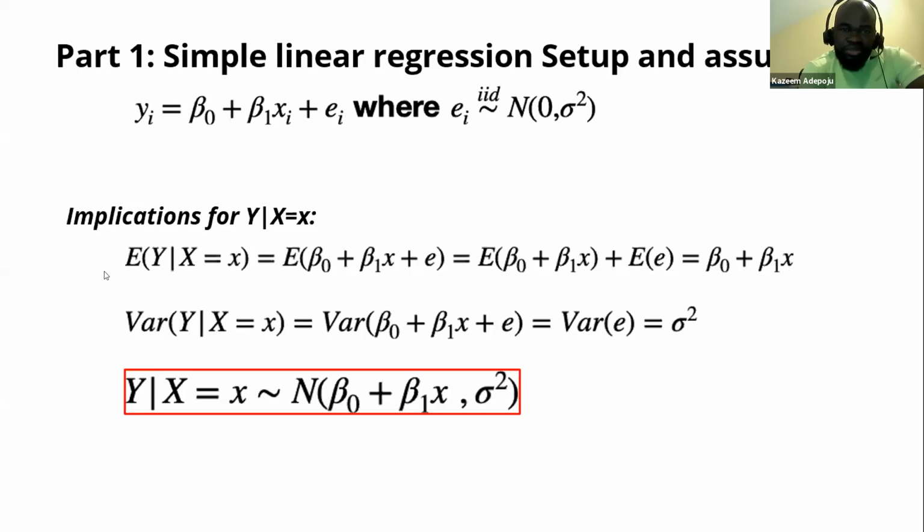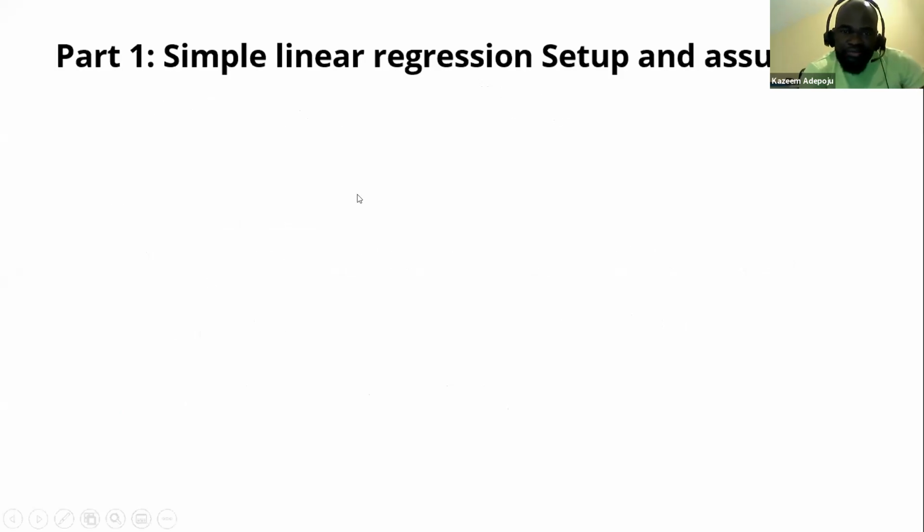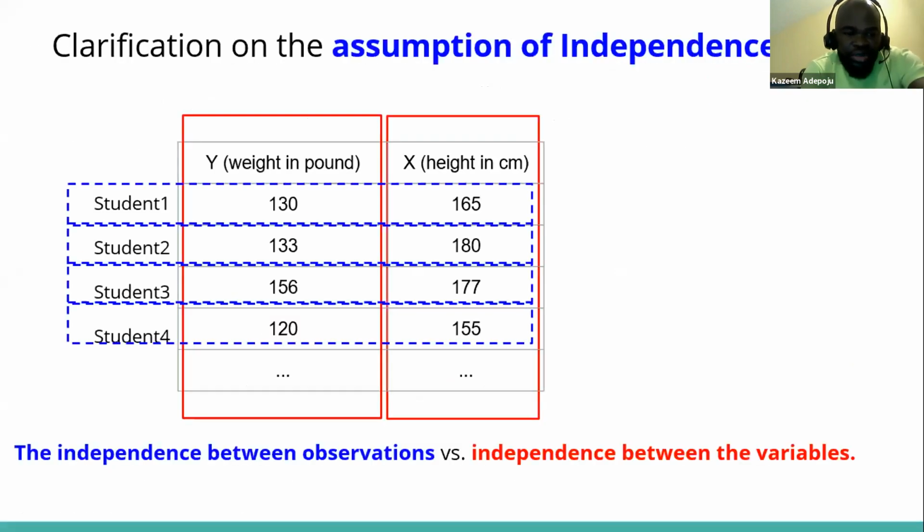Okay. Somebody said, in page 4, isn't the expected value of the residual supposed to be 0, or close to it, or is the median different from the expected value of the sampling distribution? If I get it right, you mentioned page 4. I'm going to go to page 4 right now so that I will be able to see what you are really talking about. Give me 1 second.